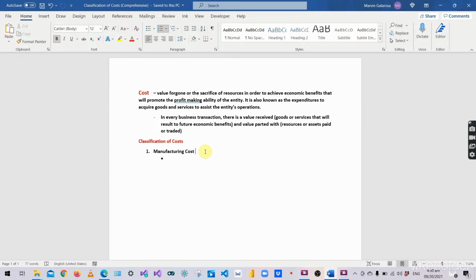So what is manufacturing cost? This refers to the direct materials, direct labor, and factory overhead incurred in the production.